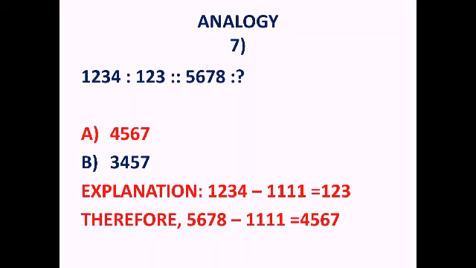Now look here, if we subtract 1,111 from 1,234, then we get 123, right? Similarly, as I have told you in previous sums, the number that you subtract, multiply, divide or add with the first number to get the second number, the same relationship you have to use for the second set.